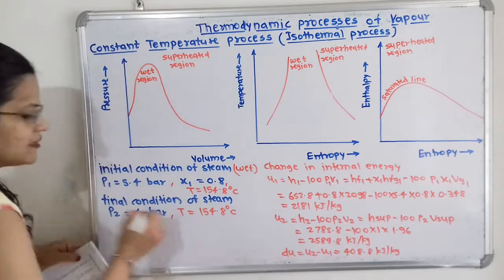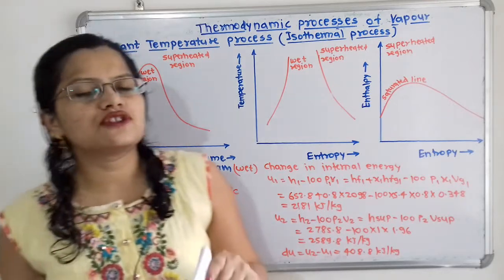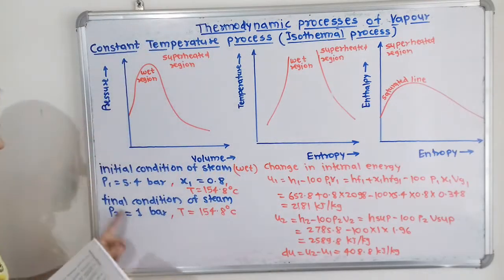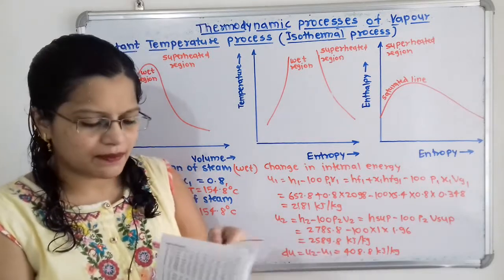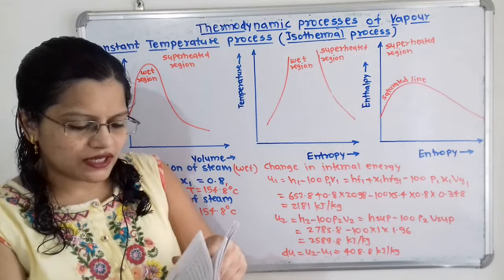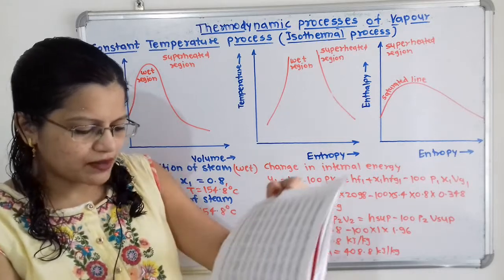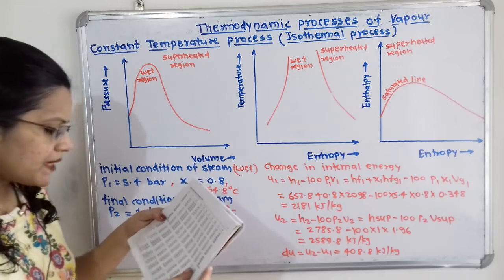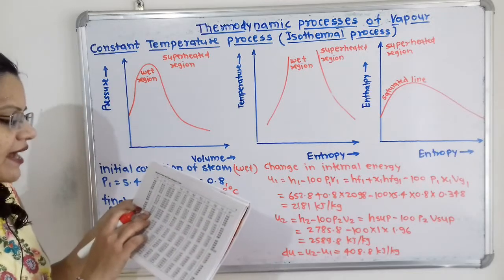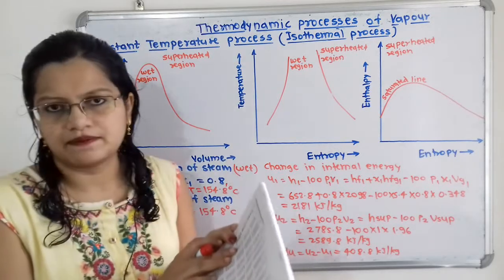That will remain the same. But what is the saturation temperature at a pressure of 1 bar? So again we will refer to the pressure table and find out the temperature at 1 bar. Here for 1 bar pressure the temperature is given as 99.63.